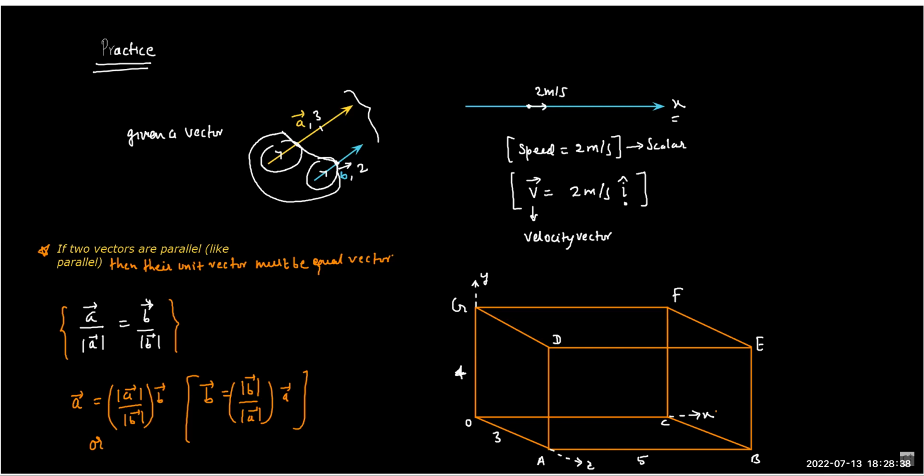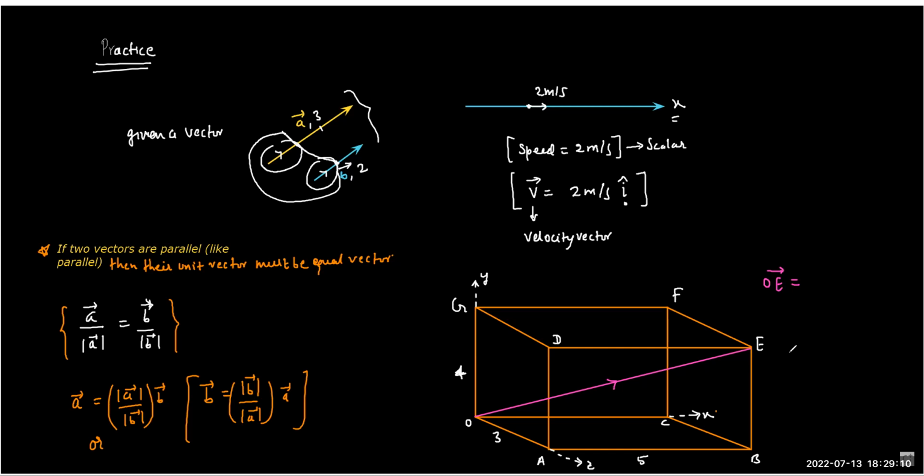Before we start solving problems, we'll try to learn something about the cuboid or cube. So I will draw some line and we call this, let's say, the vector OE. You are supposed to express the OE vector in terms of I cap, J cap, and K cap. The rule is very simple.